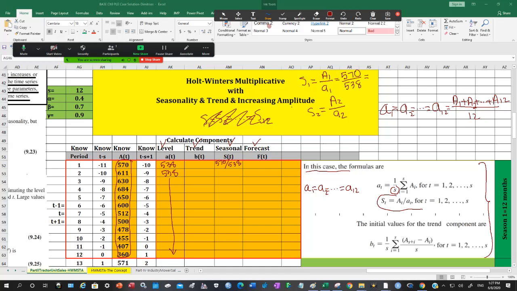S of 2 is 611 over 538. Uppercase S of 3 is 630 divided by 538.